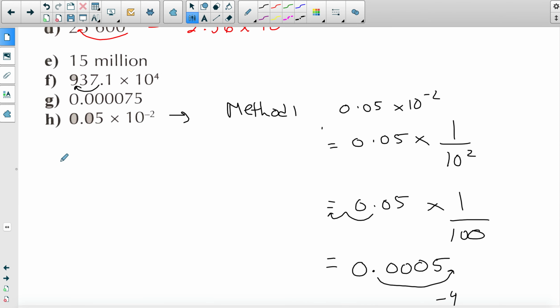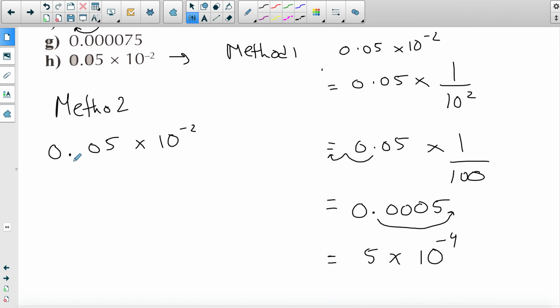Let's go to method 2, and you have 0.05 times 10 to the power of -2. Well, you want to move it 2 spaces to the right, so you end up with 5. And it has to be, that's the original one.